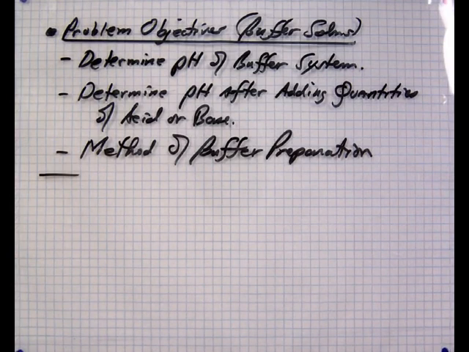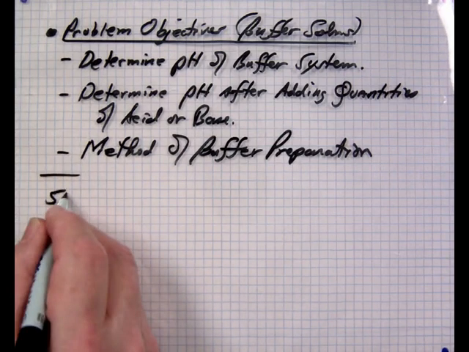Now, the first thing we need to do is make a buffer system and determine its pH. What I'm about to share with you is what I call a 50-50 buffer.